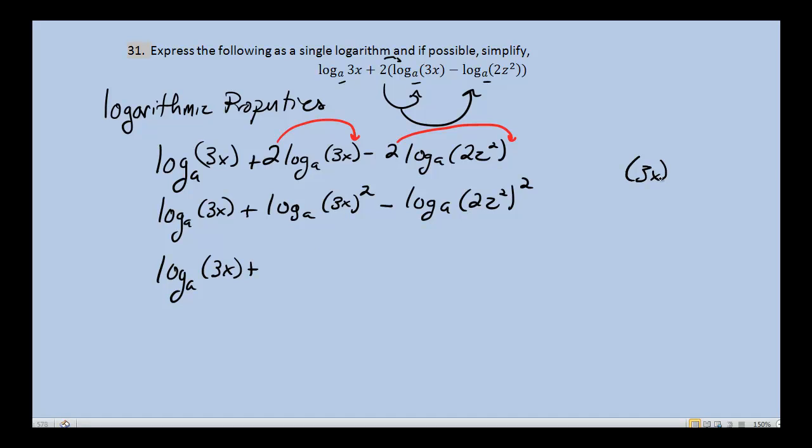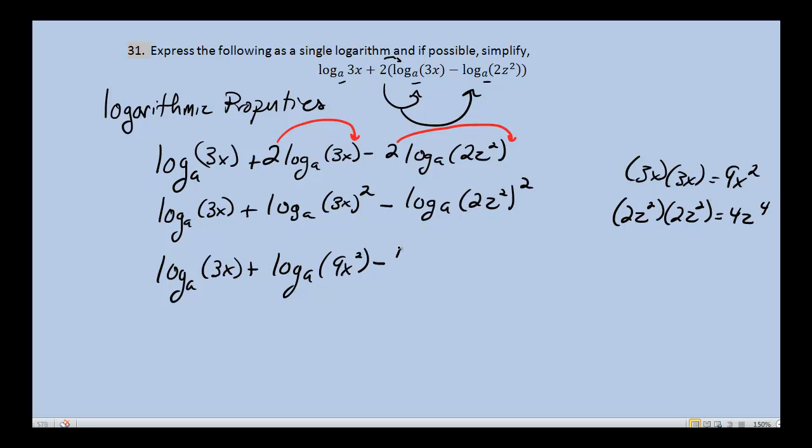So 3x squared is really 3x times 3x, which will give me 9x squared. So here I'm going to have log base a of 9x squared. Be careful, 2z squared, squared is really 2z squared times 2z squared, which will give me 4z to the fourth. So I'm going to have minus log base a of 4z to the fourth.